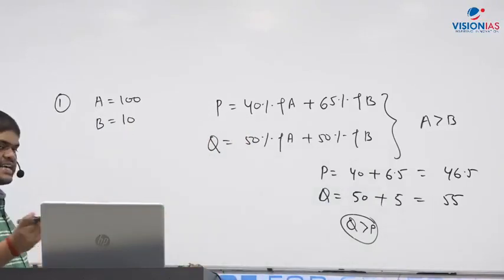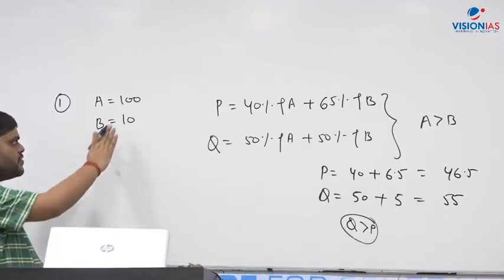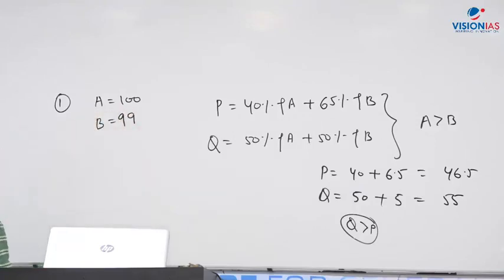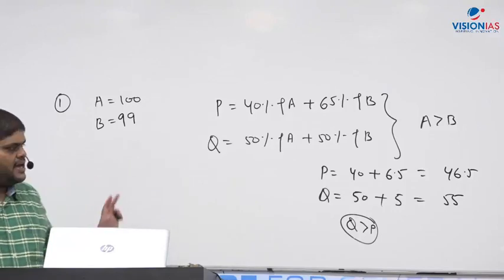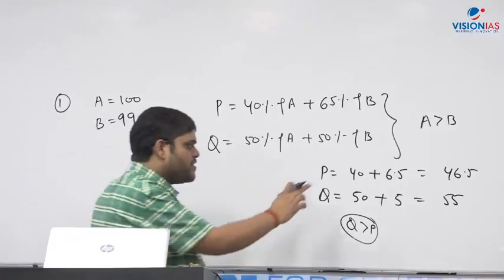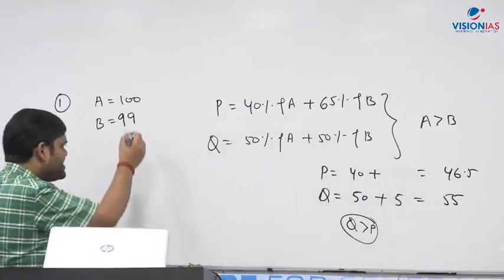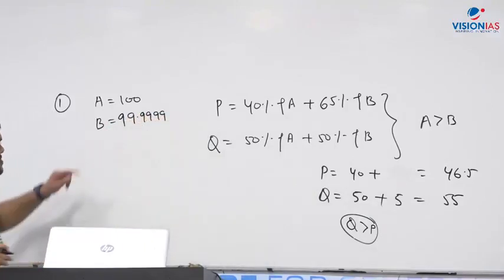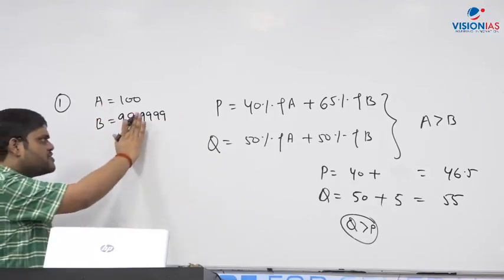Now, in the second case I told you, you can take very near values. Take this as 100, this as 99. I'm not doing anything extra; whatever I told you yesterday, I'm doing the same thing. Now this value becomes 40, and technically, instead of 99, I can take 99.99999 because A is still more than B. Or if you're getting confused, 99 is also okay.